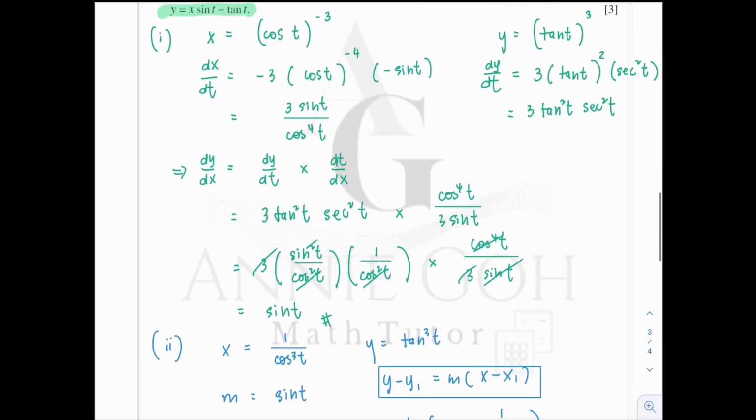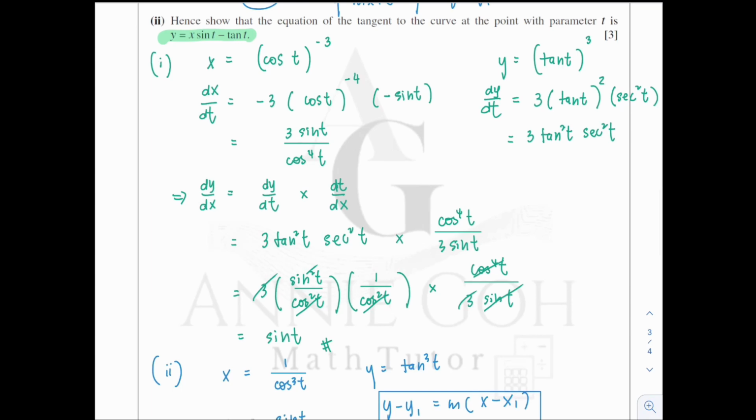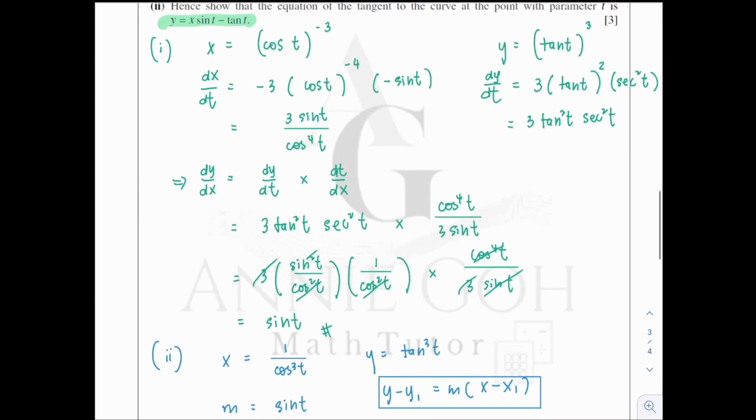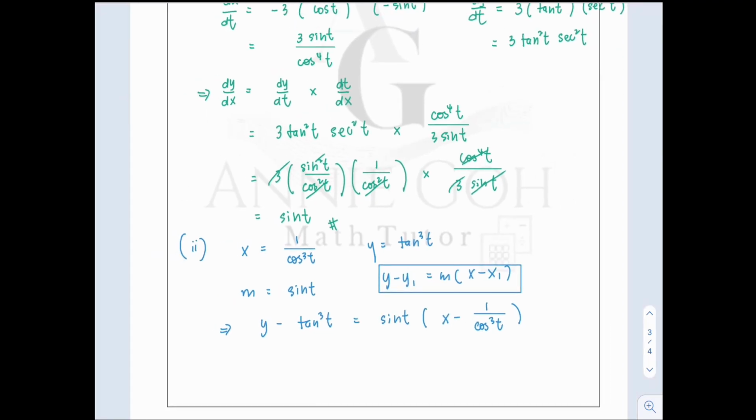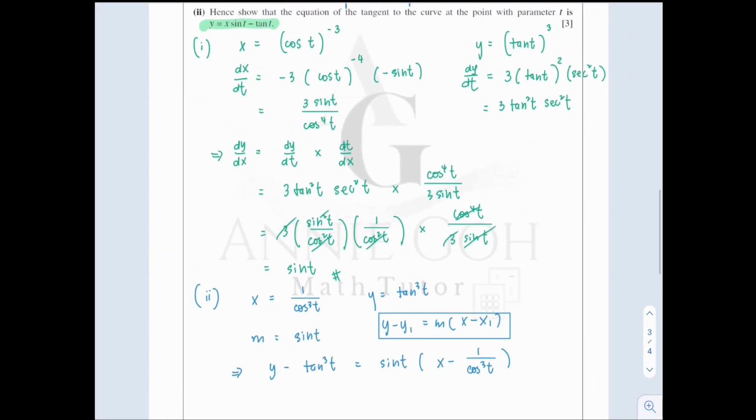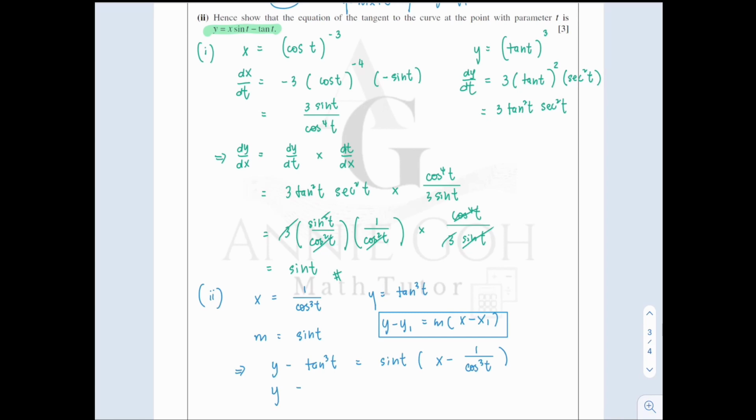But then the question asks to express the final answer in this form: y equals x sine t minus tan t. So we need to rearrange our equation. So y equals x sine t minus sine t over cos cube t plus tan cube t.